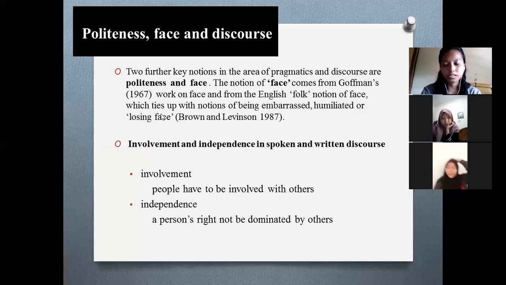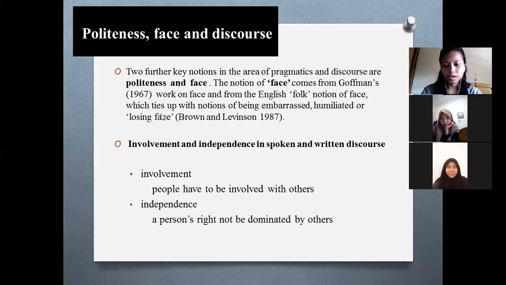There is a person's right and need to be considered a normal, contributing, supporting member of society. In other words, to be treated as a member of a group. We must show this involvement by showing our interest in someone, by agreeing with them, by approving what they are doing, or by using in-group identity markers such as given names or nicknames.